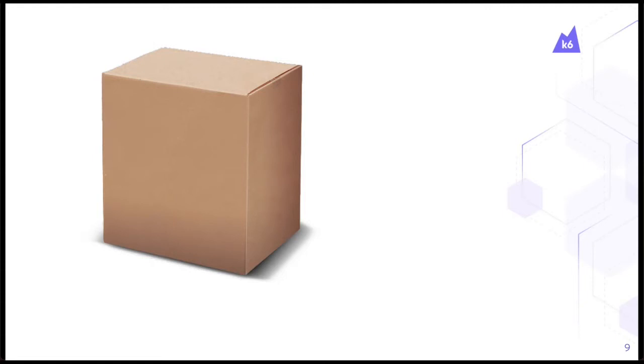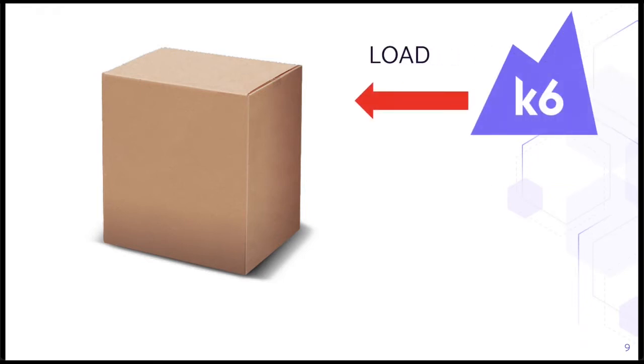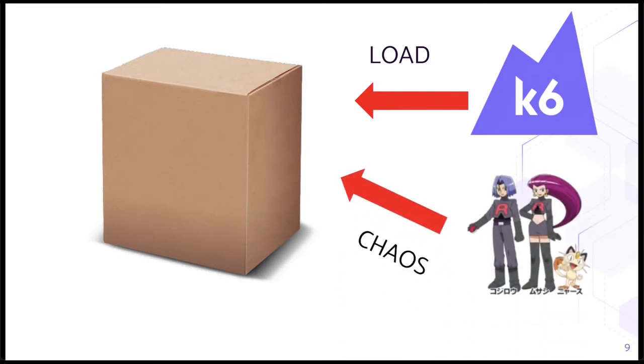What if things happen to the box in the meantime? In production, many things happen that I may or may not expect. So how would Pikachu respond to high load? How does it respond to chaos, maybe in the form of Team Rocket?